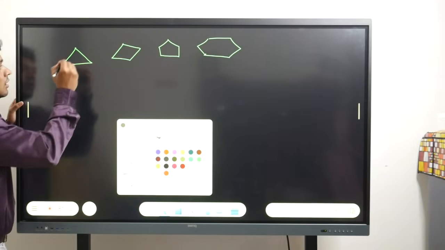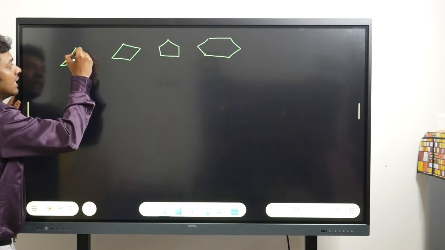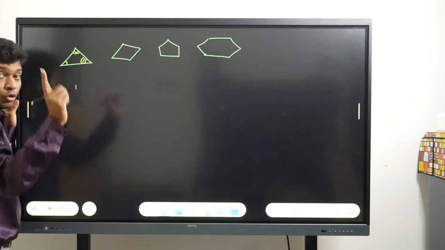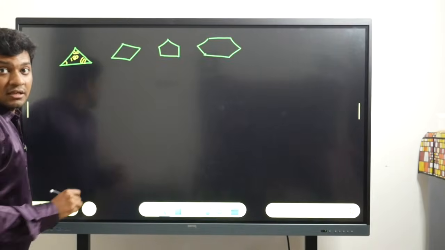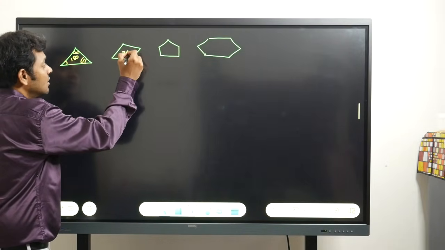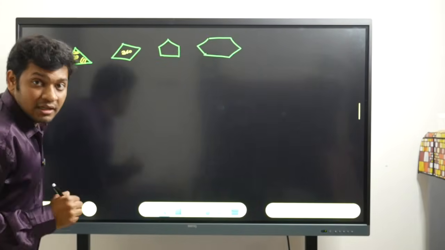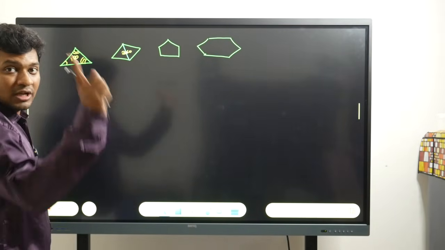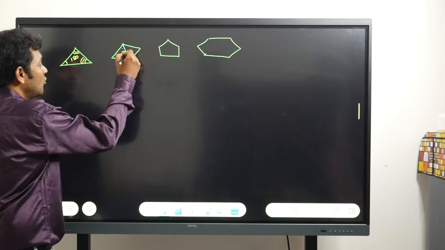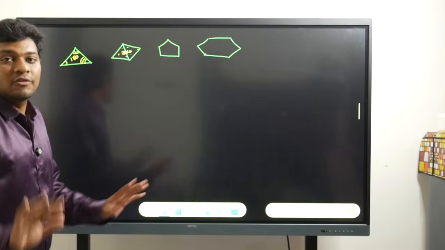How to derive it? We know for a triangle it's going to be 180, and you know how it is 180. The sum of the internal angles of a quadrilateral is 360. Why? My quadrilateral can be separated into two triangles. Every triangle gives me 180, so this triangle gives 180, this triangle is another 180, therefore two 180s.